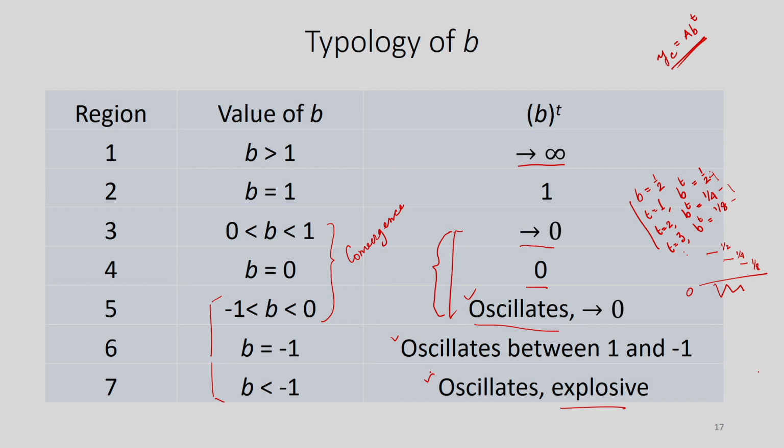Whereas, if b is greater than 0, these are the three cases where you do not have oscillation, you have monotonic movement. Either it is explosive, or it does not change at all, it stays at 1, or it converges to 0. But whatever the case, convergence or divergence, the movement of yc is monotonic.